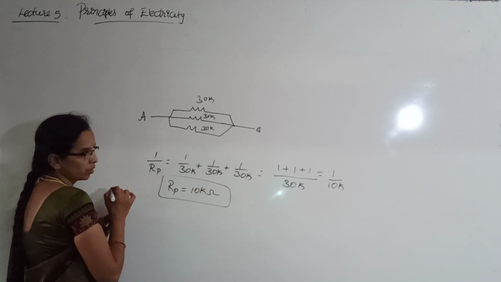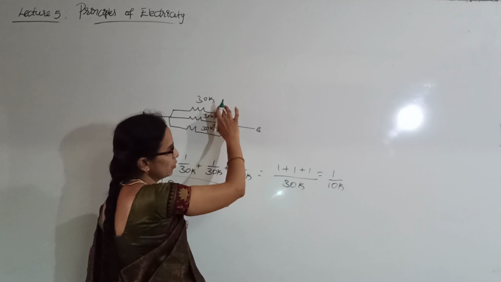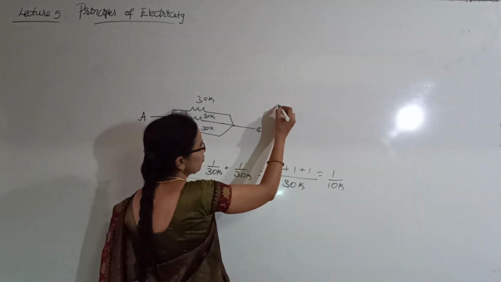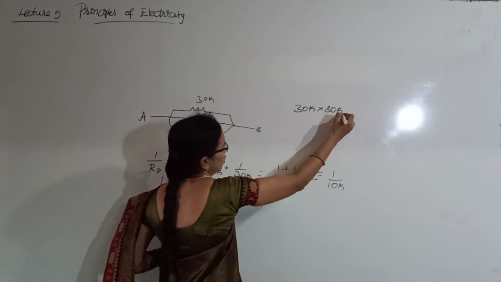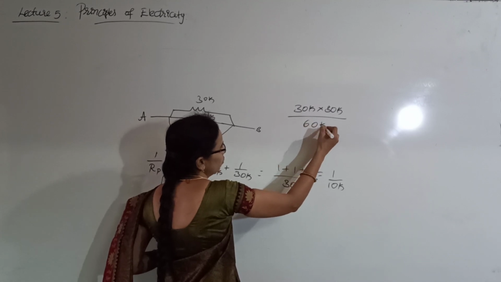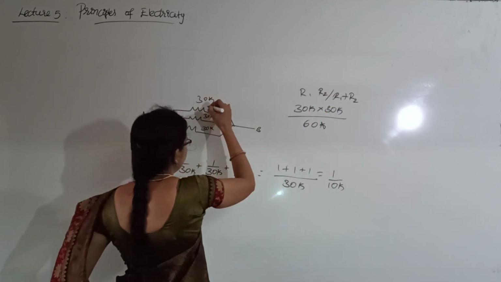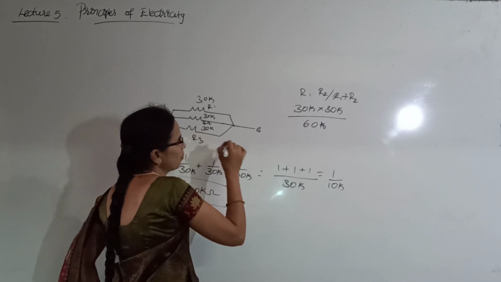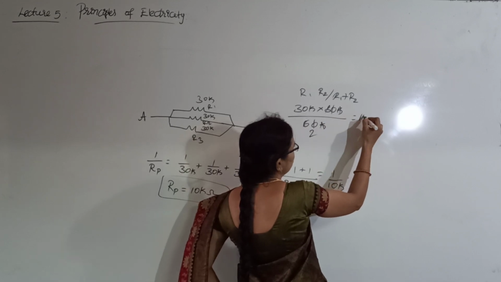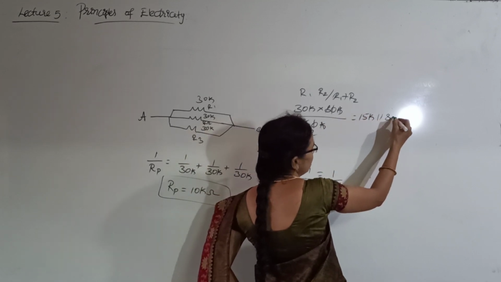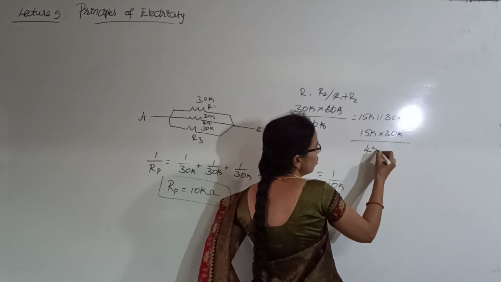One more way to solve this problem is, first do the parallel combination of 30 and 30: 30 into 30 divided by 60 kilo, that is the R1 R2 divided by R1 plus R2 formula. If I call these R1, R2 and R3, we get 15 kilo, which is parallel with 30 kilo again. If you do 15 kilo into 30 kilo, R1 R2 divided by R1 plus R2, over 45 kilo.